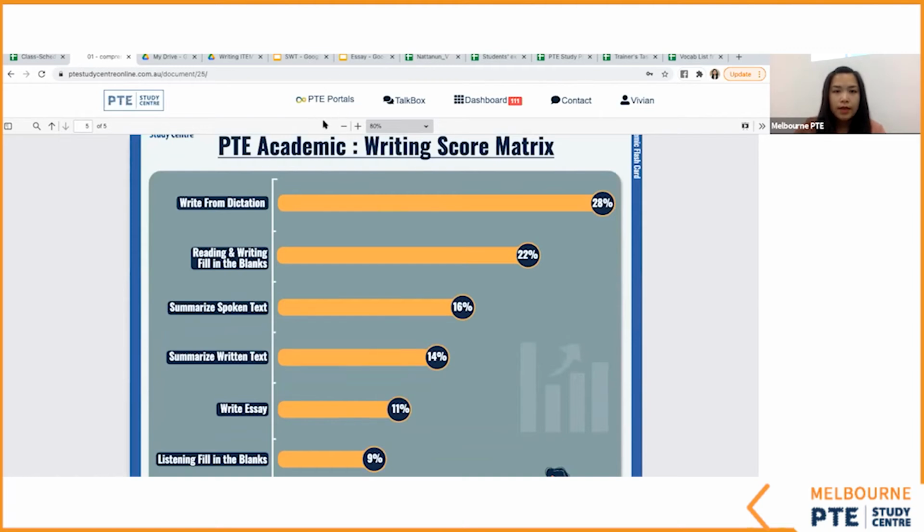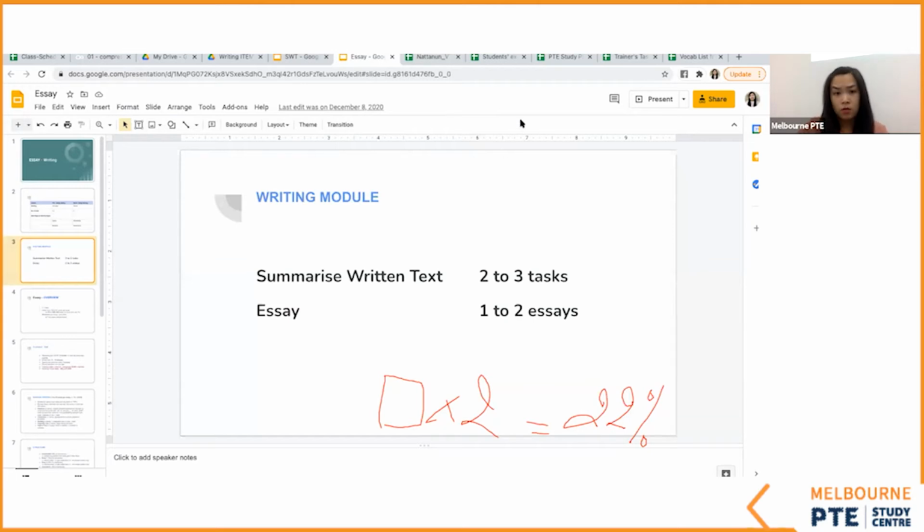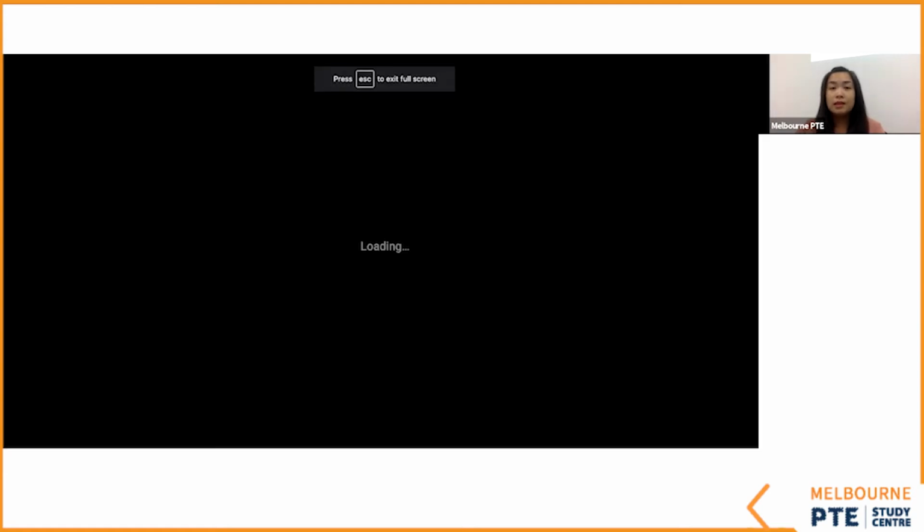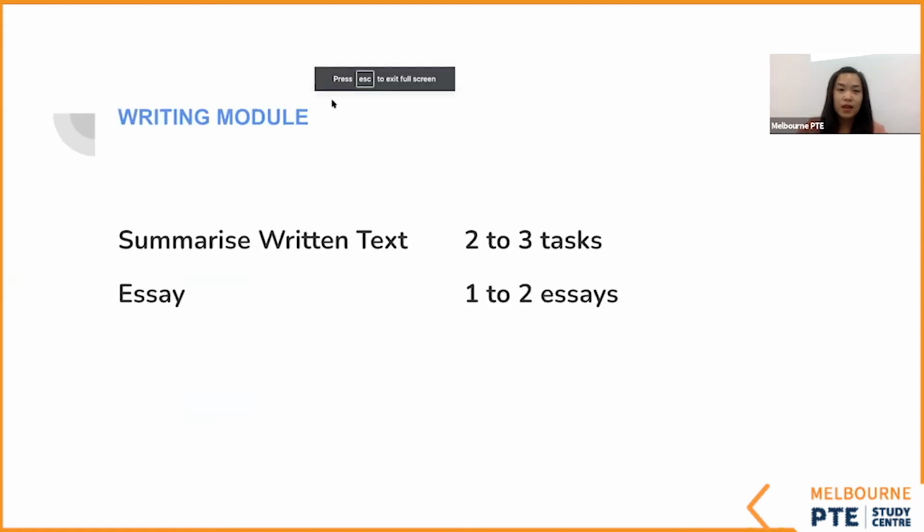So normally 1 essay will give you 11% of your writing. But if you have 2 essays, it will contribute 22% to your writing score. What does it mean? It means that it's easy for me to boost my writing, okay? And you just use the same structure. So for me, having 2 essays is not bad at all. It's actually better to boost your writing, okay? Because the other topic is more difficult. Now, how many of you have done write from dictation?